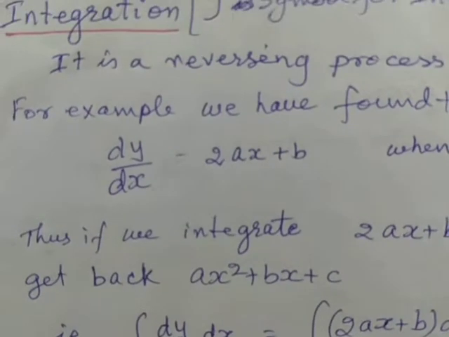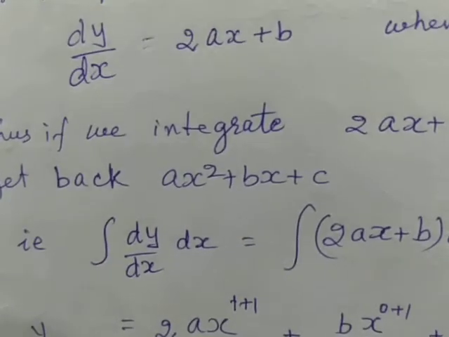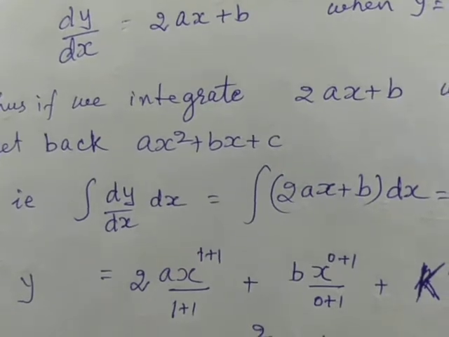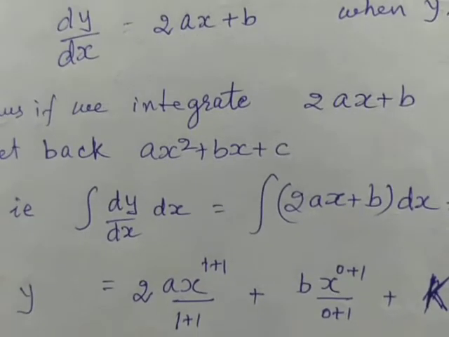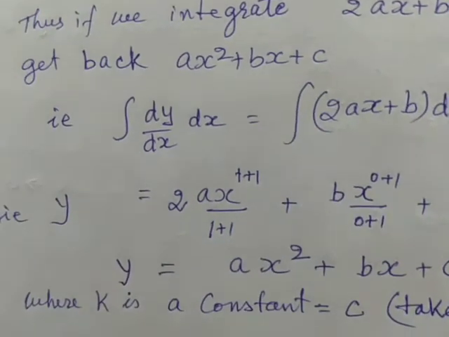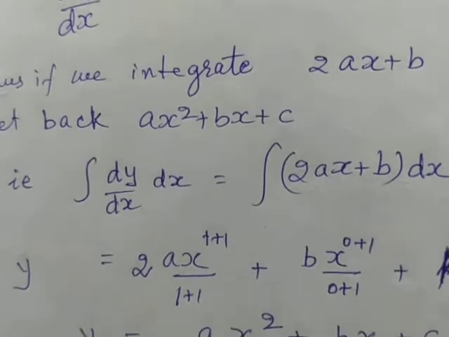So if we want to find the integration of dy by dx, we know dy by dx is 2ax plus b, we have just found it. Integration is something which restores the value of y equal to ax square plus bx plus c. So how do we get it? Let us say the integration symbol is a long elongated s.